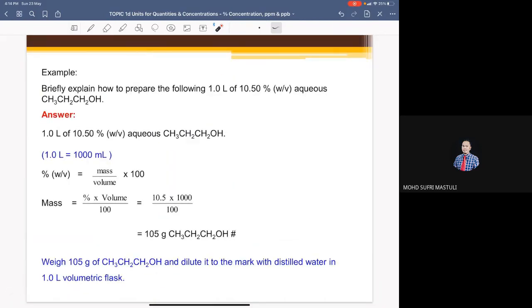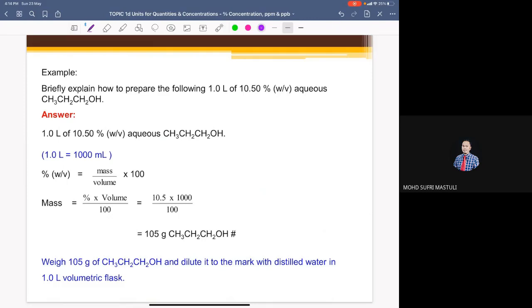Briefly explain how to prepare 1 liter of 10.5% weight per volume of this aqueous chemical.